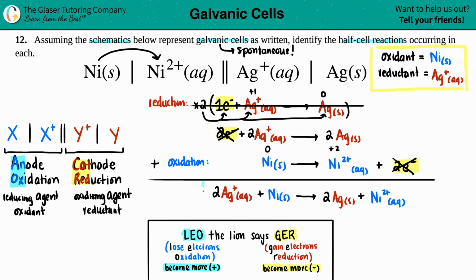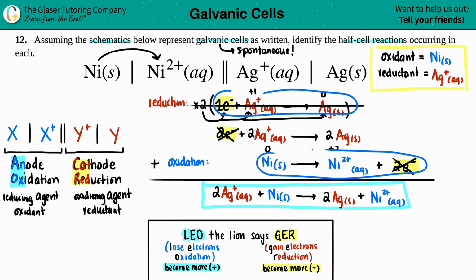So this is what the final balanced equation would be from that cell schematic. And just know that if we wanted to do those half cell reactions, you would still only use this one and this one with the electrons in there. Okay? All right. I hope this helped.